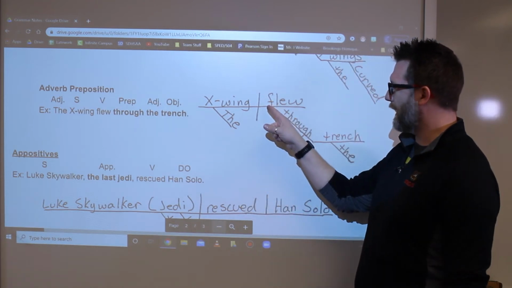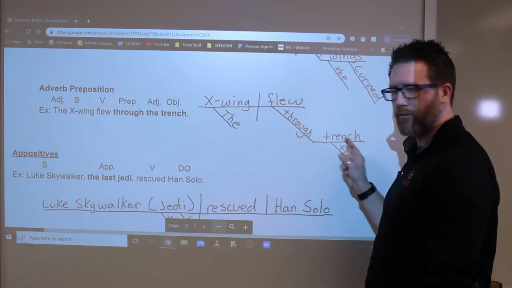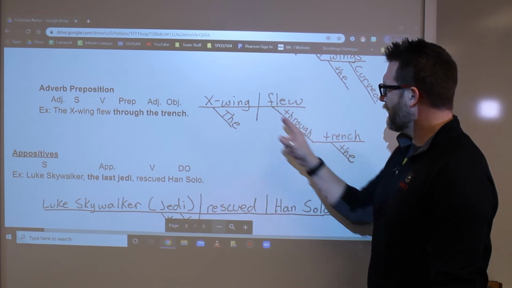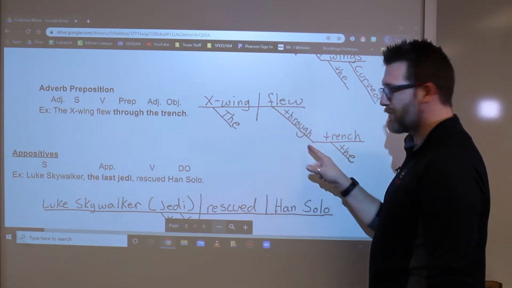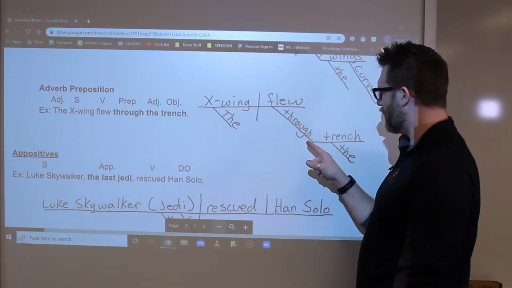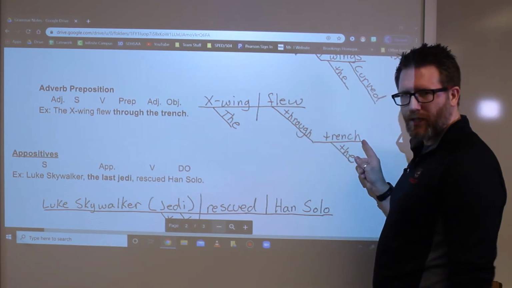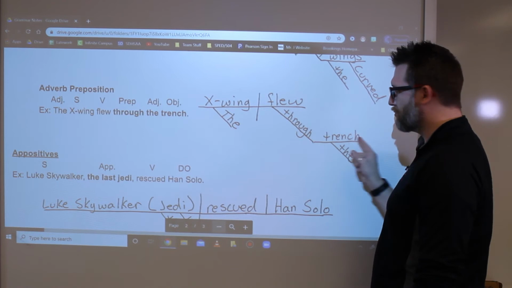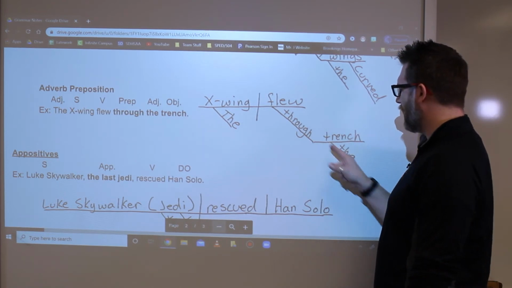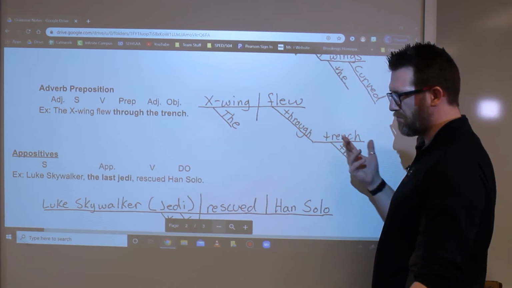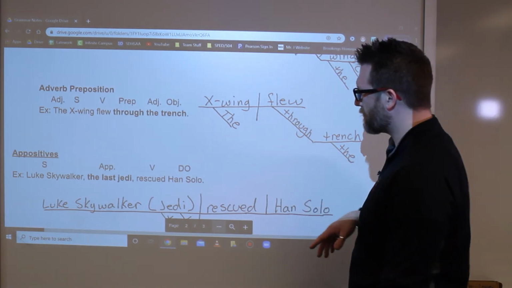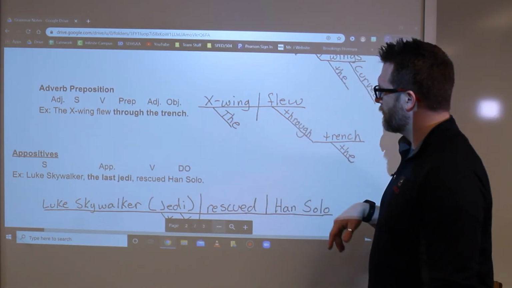So that's why this prepositional phrase diagram part is coming off of the verb. Again, the preposition on the slant, through. The object, trench, so through trench, and then anything that describes the trench goes underneath it, so the.